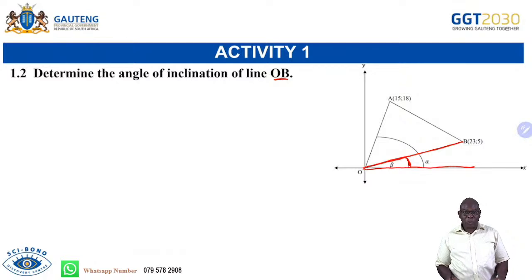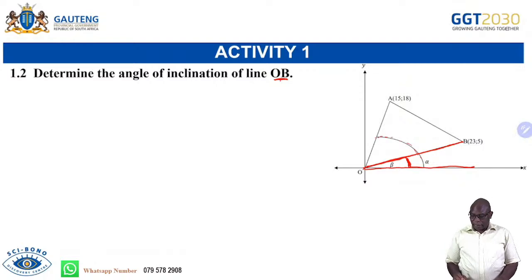So they just wanted to confuse you there: which angle are you going to calculate? Is it alpha or is it beta? But we can see that the angle we need will be angle beta. That's that small angle there, because the angle alpha goes right to OA. So we need the angle of inclination of the line OB.